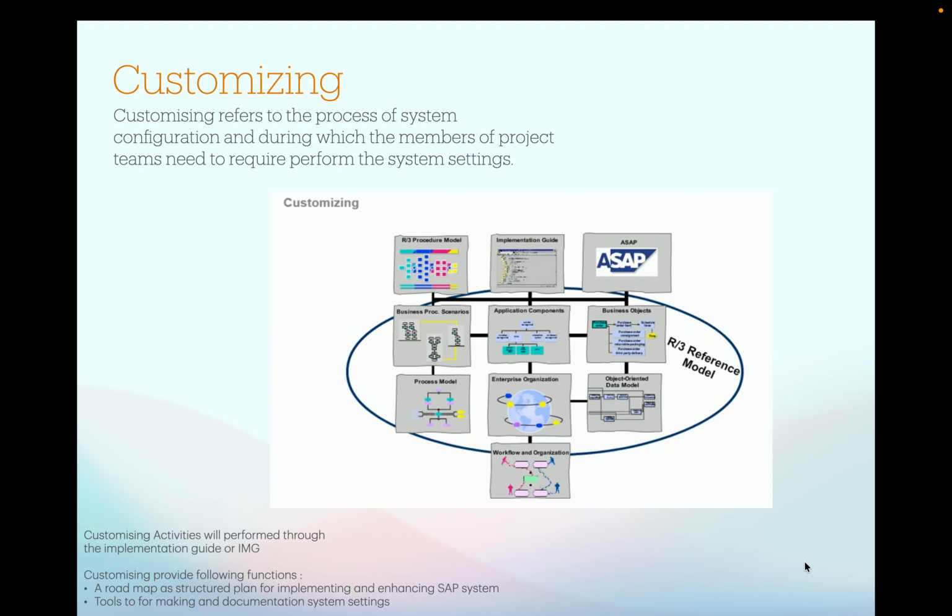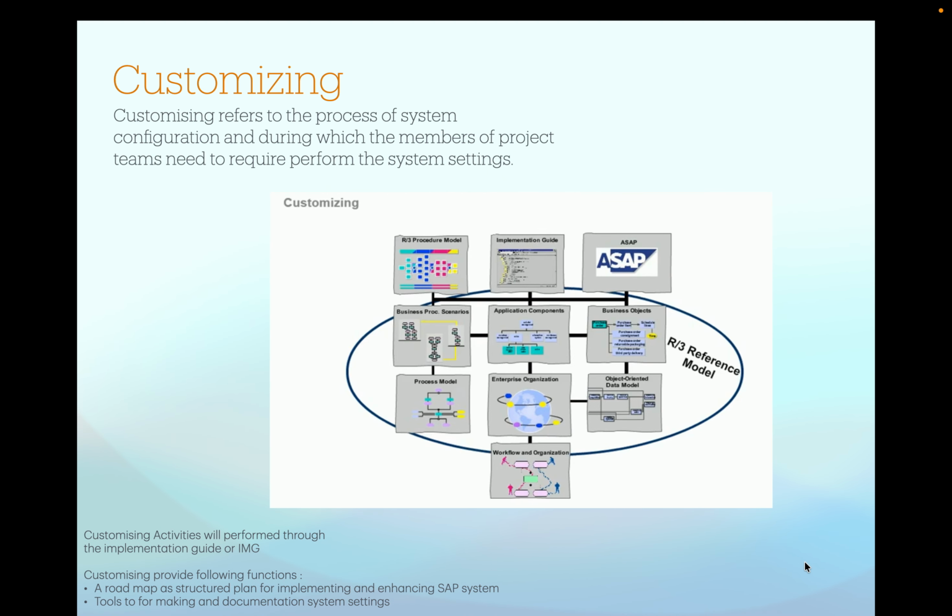Customizing refers to the process of system configuration, during which the members of the project team are required to perform the system settings. Business engineering consists of all the SAP implementation tools.